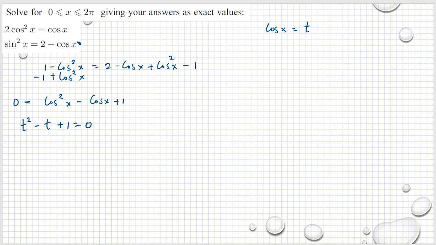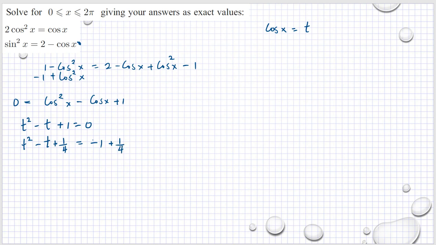We can solve this by completing the square. So we have t squared minus t is equal to negative 1. And we add 1/4 on both sides.